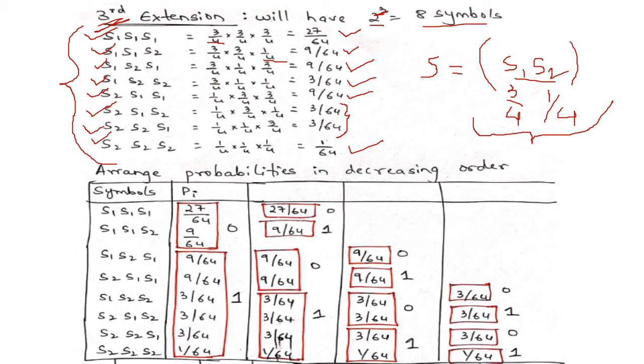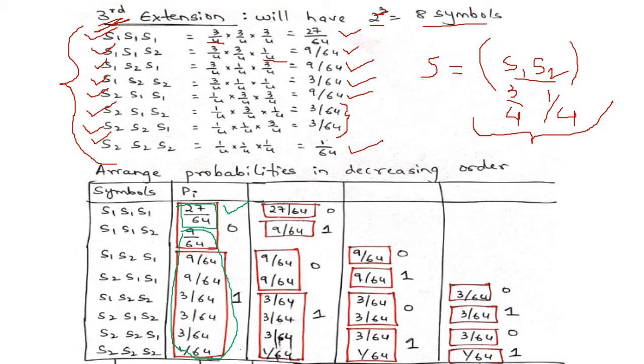The second step is to group the probabilities into exactly 2 sets. So if we consider 27 by 64 as one group and all the remaining elements as the second group, and if we compare both the group probabilities, they are not equal. There is a huge difference in the group probabilities.